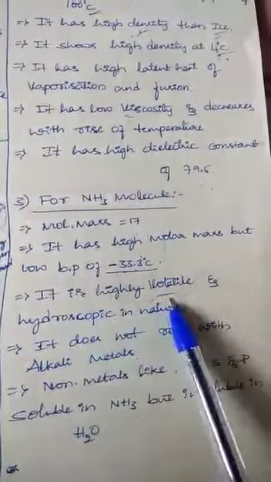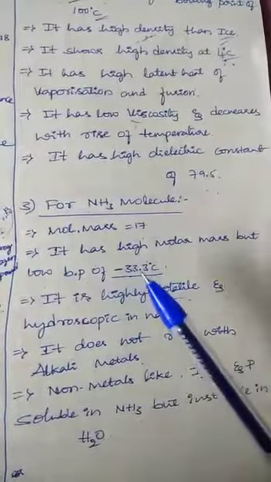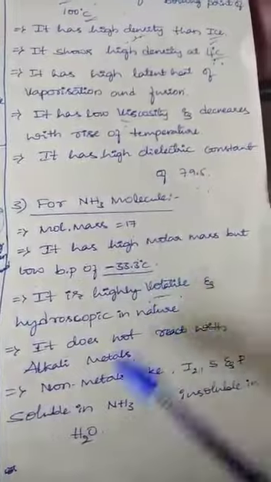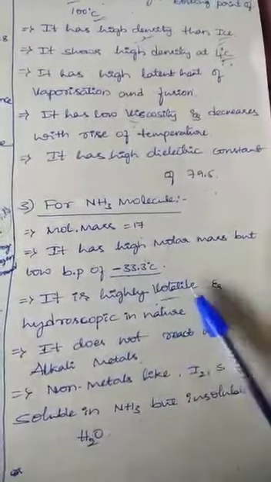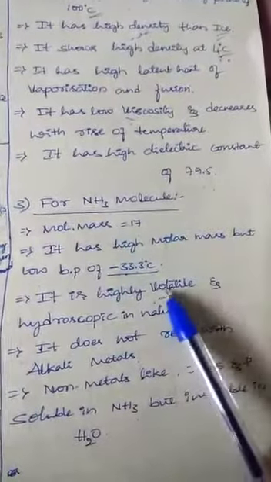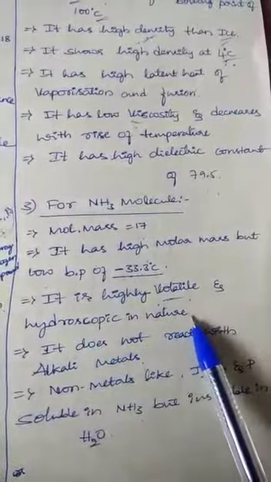It is highly volatile, which means it evaporates easily in atmospheric air. This ammonia molecule is highly volatile and hygroscopic in nature.